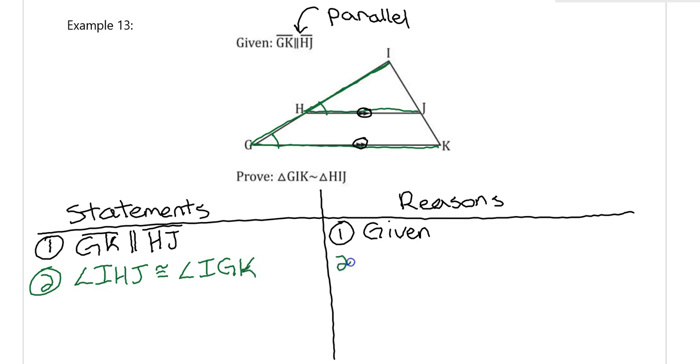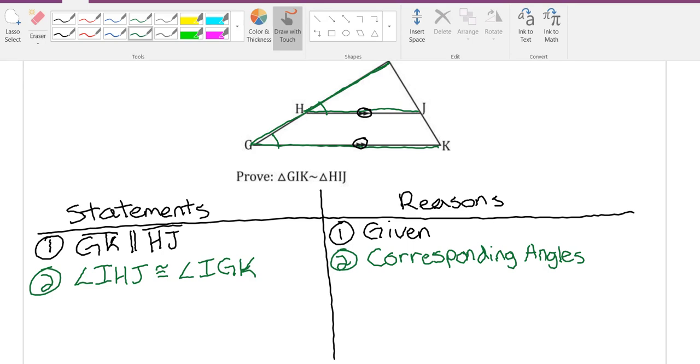How do you know those are congruent? Since we have those parallel lines, I know these are corresponding angles. This is very much just like what we did in our previous activities. It's like writing a formal essay instead of just talking about it.